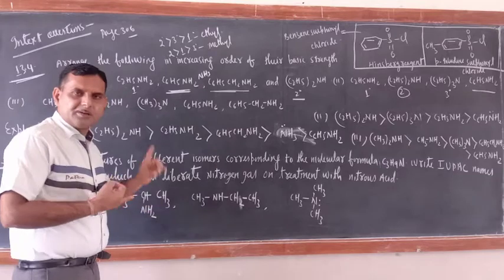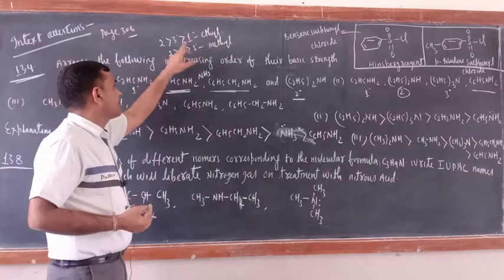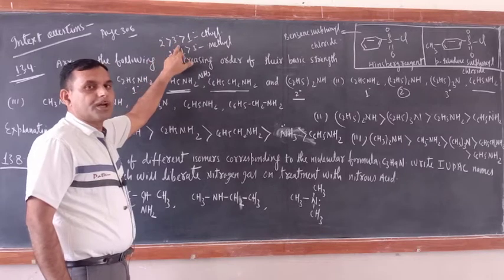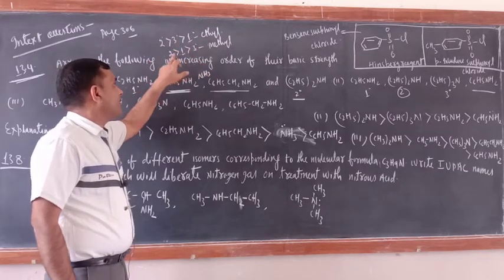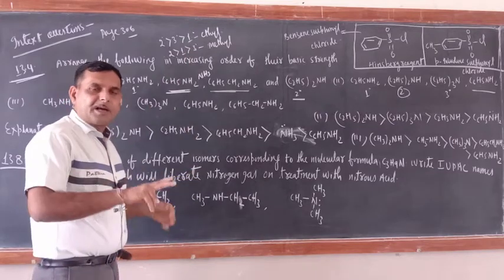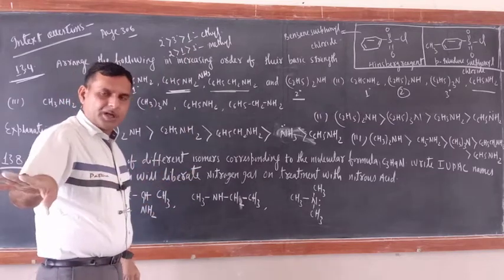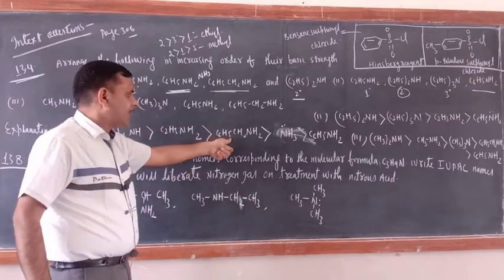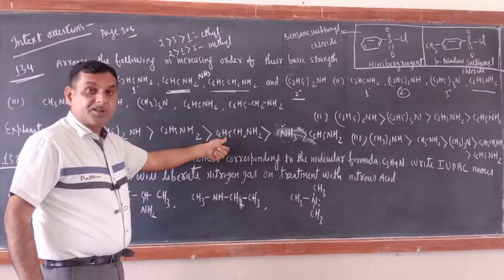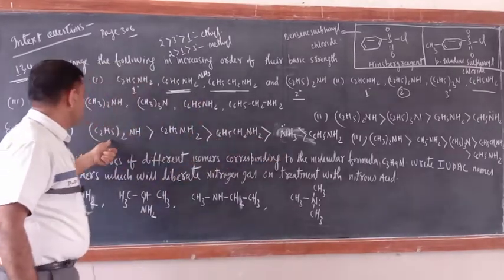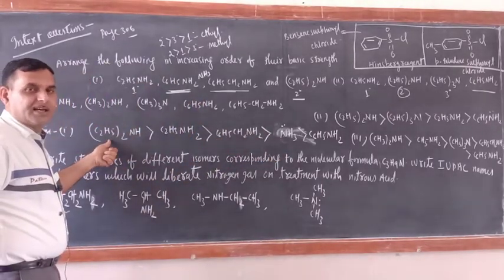So just see, you should remember, in case of ethyl group, what is the order? 2, 3, 1. In case of methyl, 2, 1, 3. Remember, aromatic amines are less basic than ammonia. But aryl alkylamine means benzylamine, they are more basic than ammonia, but less basic than aliphatic amines.